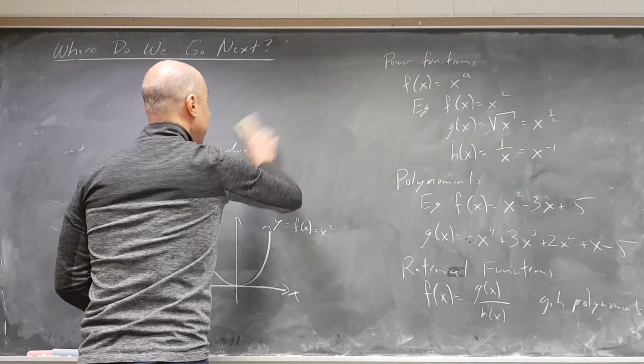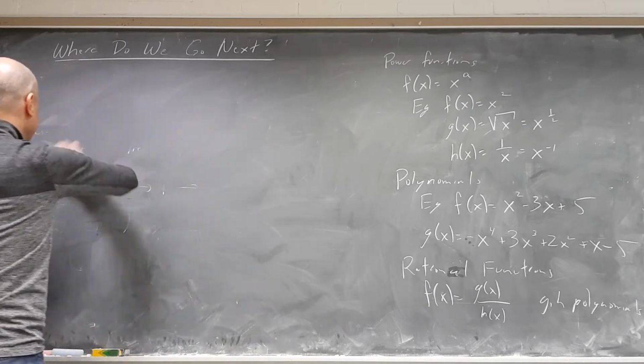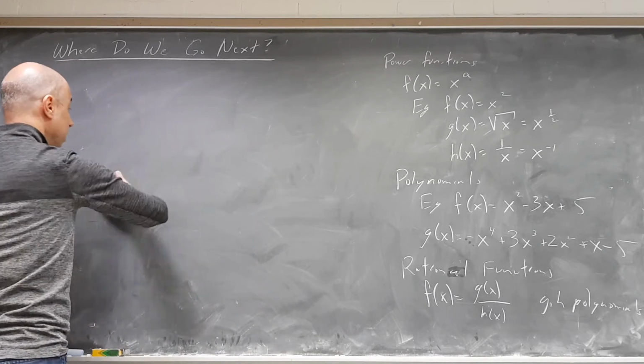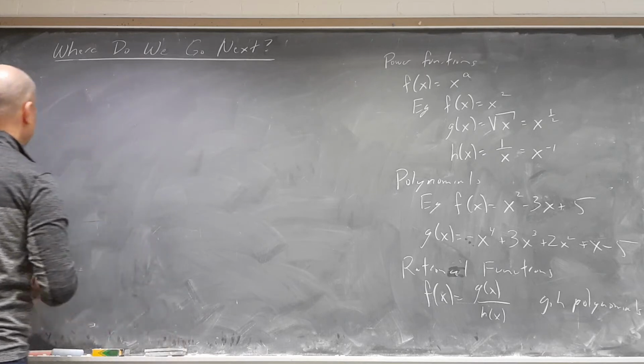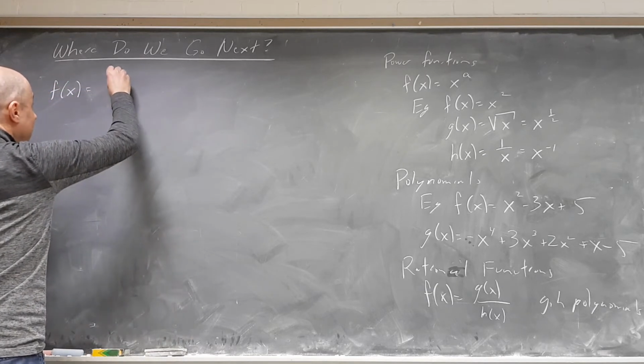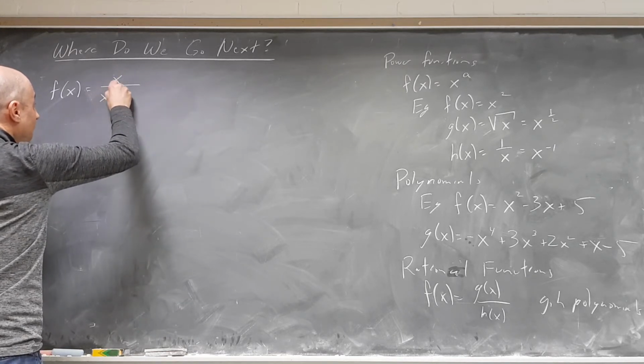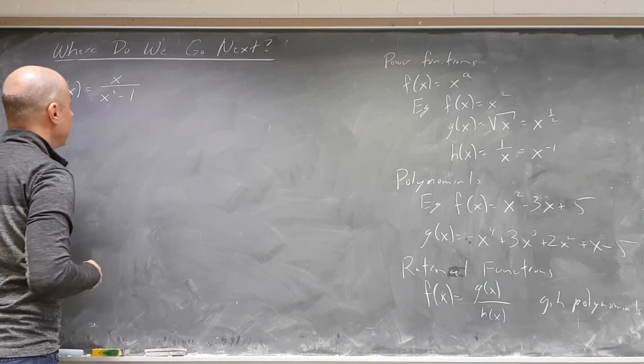For example, f of x equals, let's say, x over x squared minus 1.